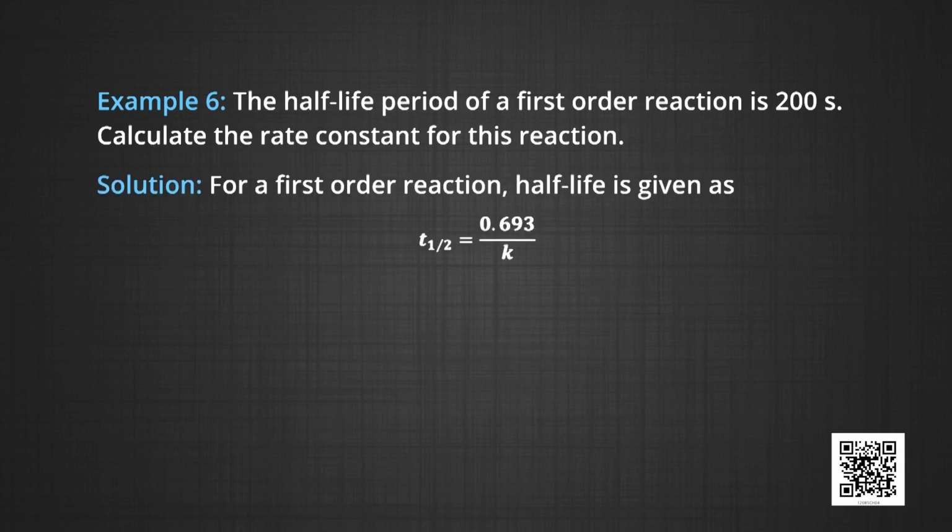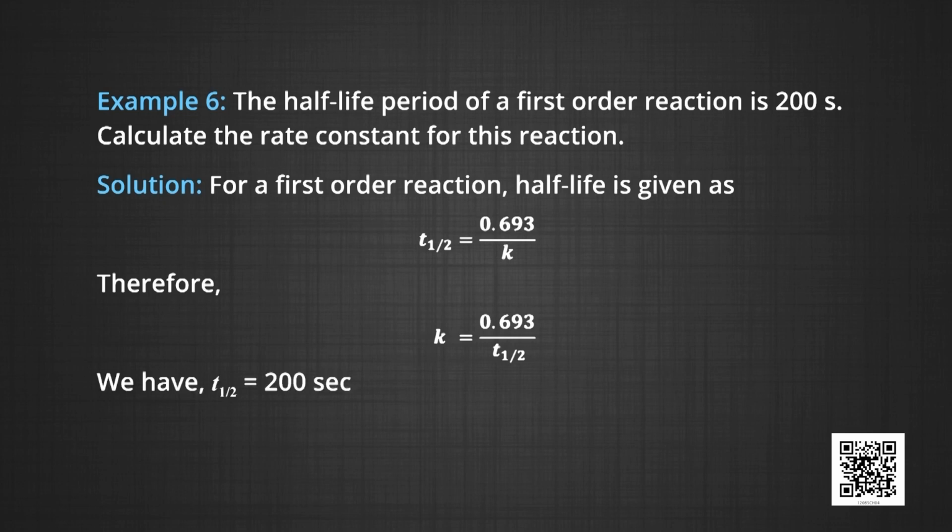For a first order reaction, the half-life is given as T half is equals to 0.693 upon K. Therefore, K is equals to 0.693 by T half. Now we have T half is equals to 200 seconds. Putting the values, K is equals to 0.693 upon 200.